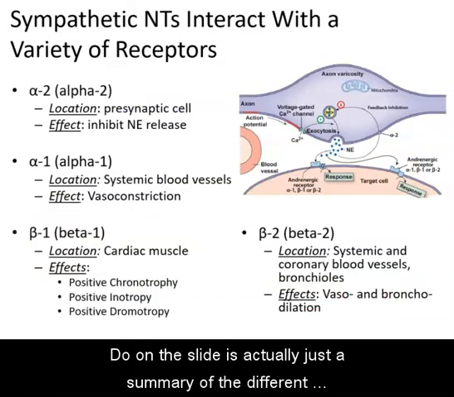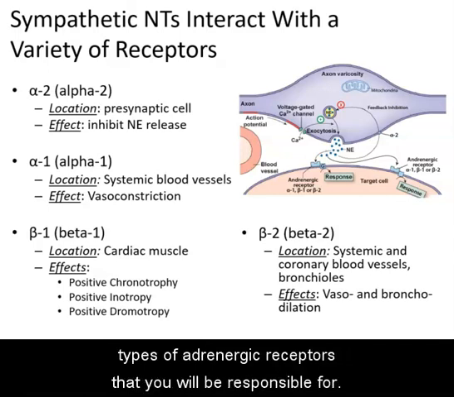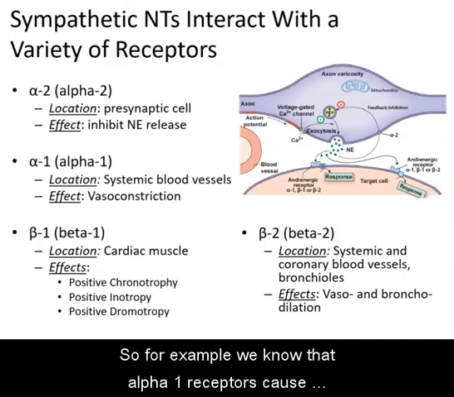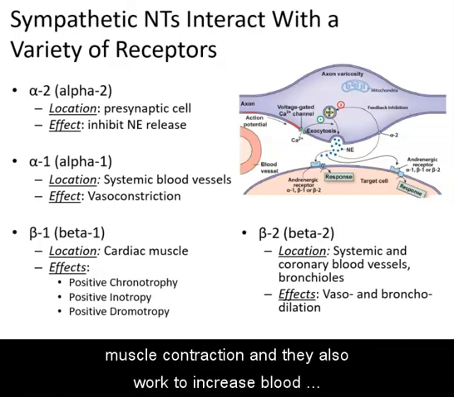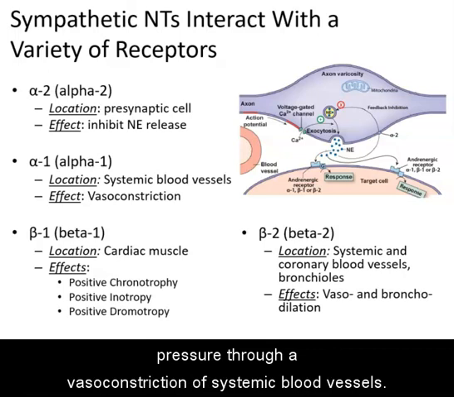So this slide is actually just a summary of the different types of adrenergic receptors that you will be responsible for. So, for example, we know that alpha-1 receptors cause muscle contraction, and they also work to increase blood pressure through vasoconstriction of systemic blood vessels.